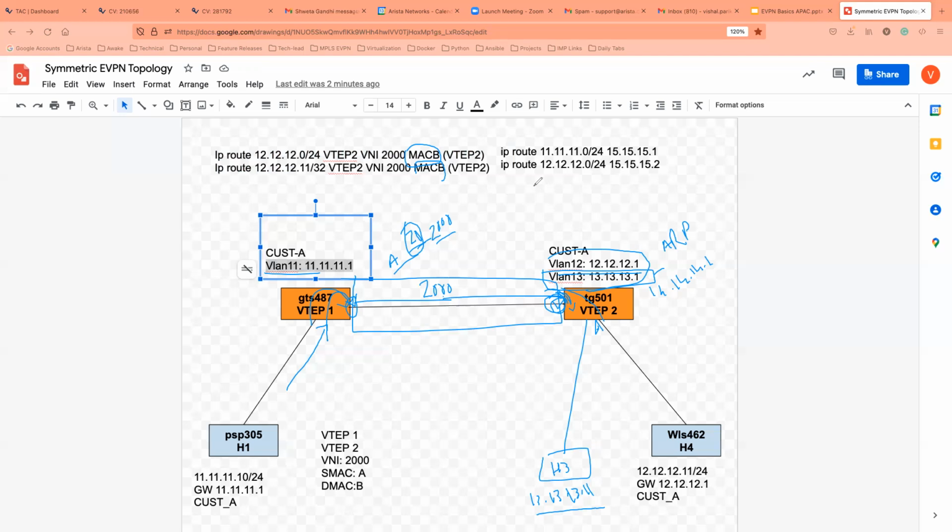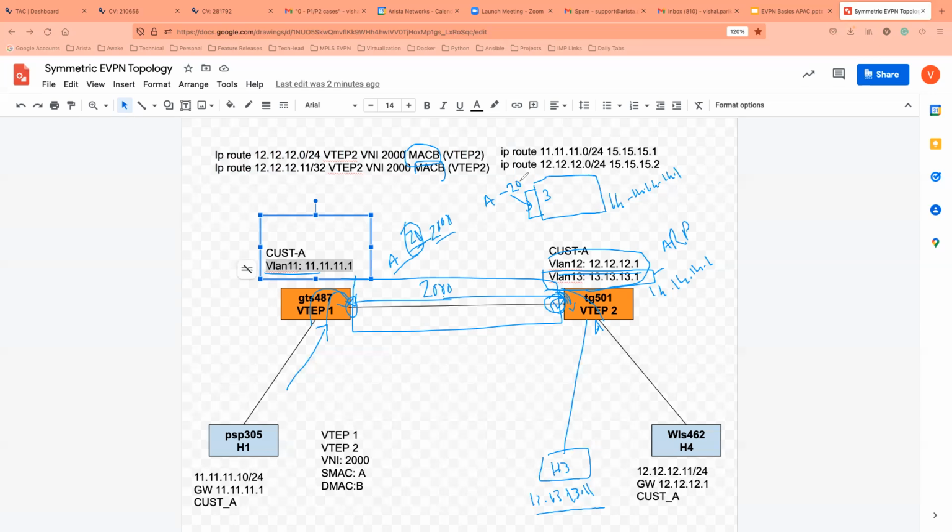Now let's consider one more VTEP, VTEP 3. Here you have VLAN 14 and 14.14.14.11. What you will have common is VRF A. You have configured VRF A to VNI 2000.